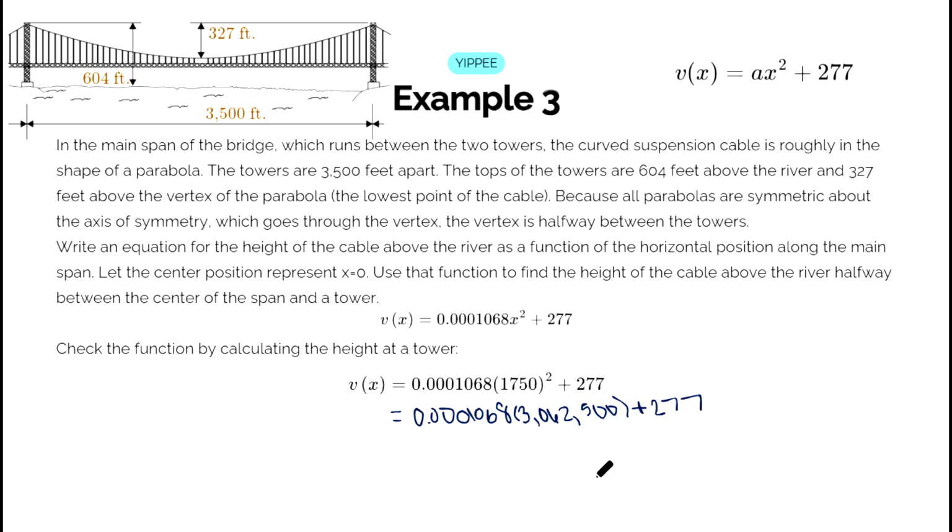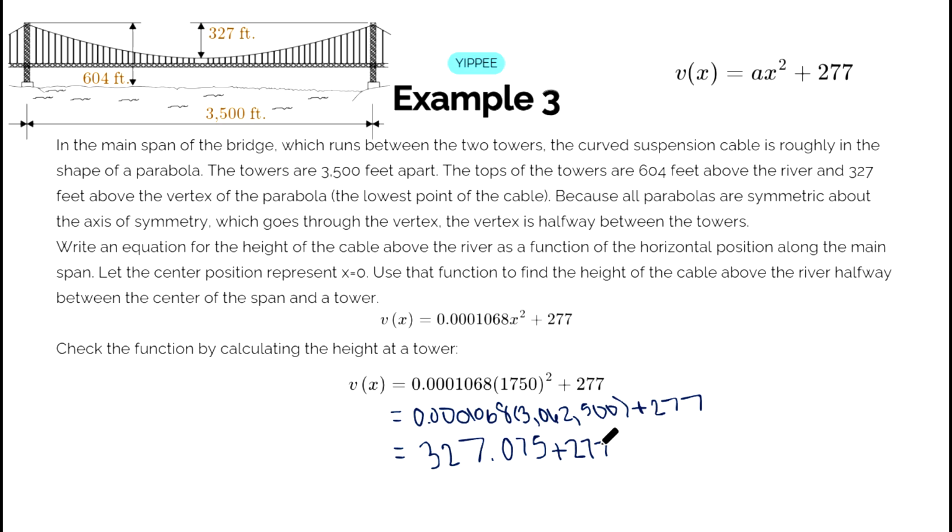So we're going to take our 3 million number and multiply it by that decimal, 0.0001068, and that's going to give us 327.075 plus 277.